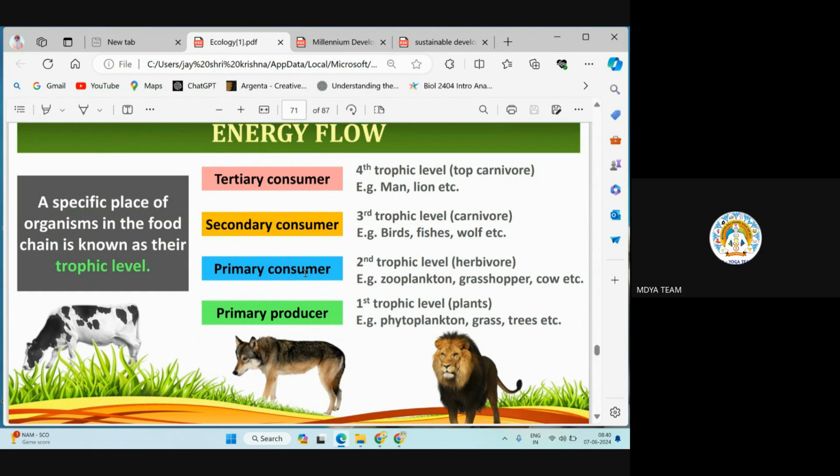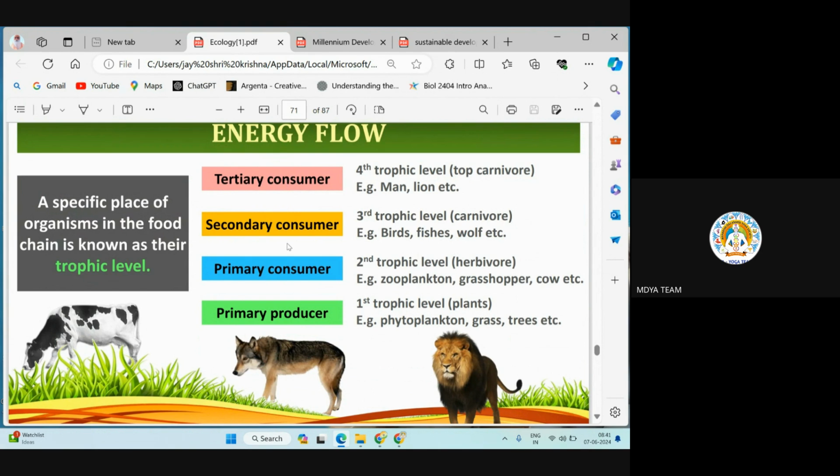Next, on primary consumer, secondary consumer will feed. So it will be primary carnivores, and tertiary consumer will be secondary carnivores because it is feeding on primary carnivore animals.